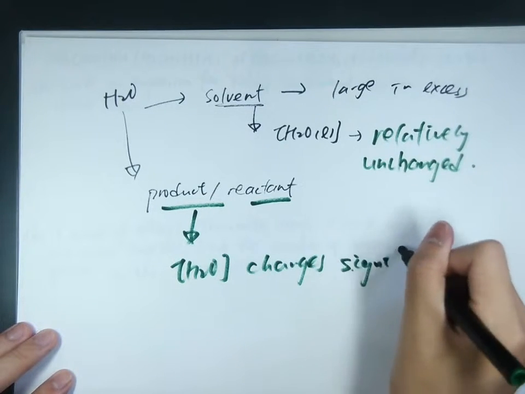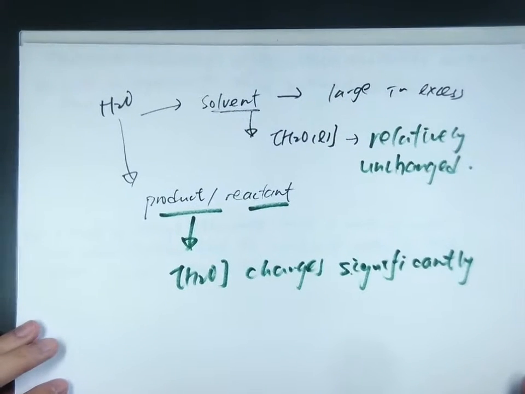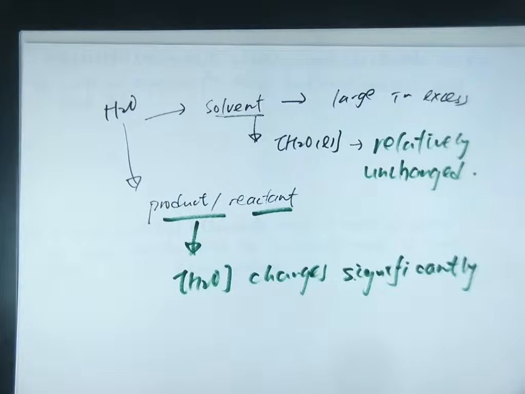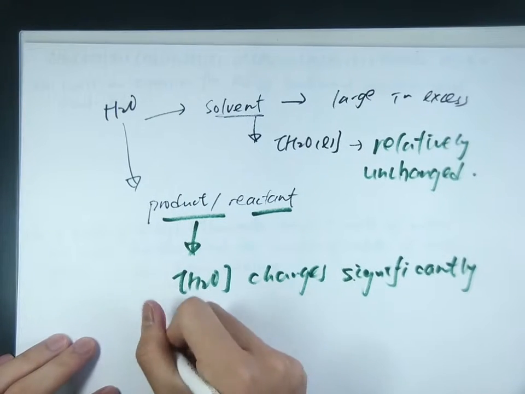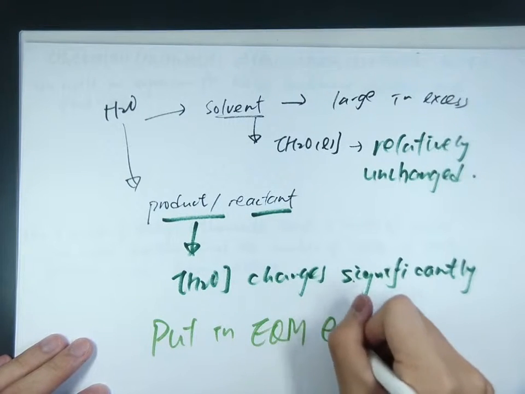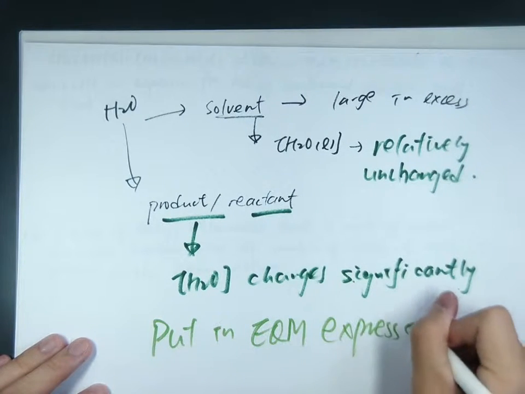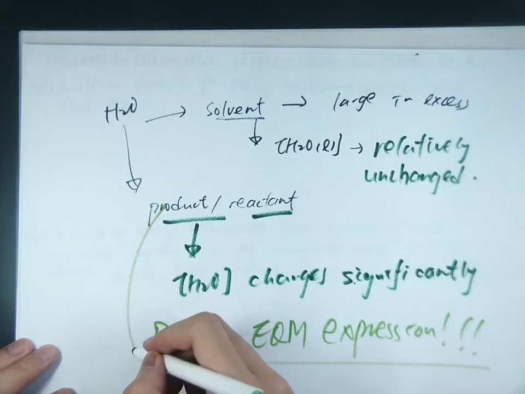It is not a lot larger than the reactant or the other solute. So we need to calculate the water and we need to put it in the equilibrium expression, okay? We need to put it in the equilibrium expression when it is a product or a reactant.